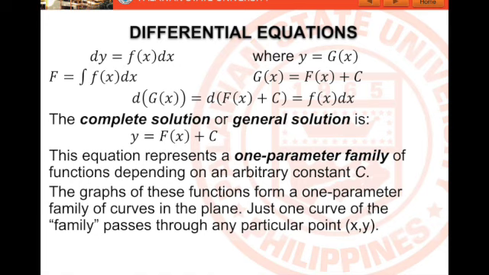Just one curve of the family passes through any particular point, that's any point x comma y. So let's have an illustration to better understand this explanation about this one parameter family of functions and one parameter family of curves.